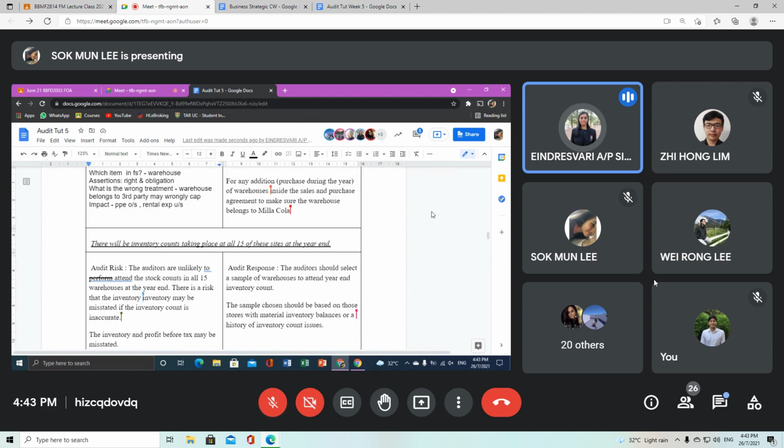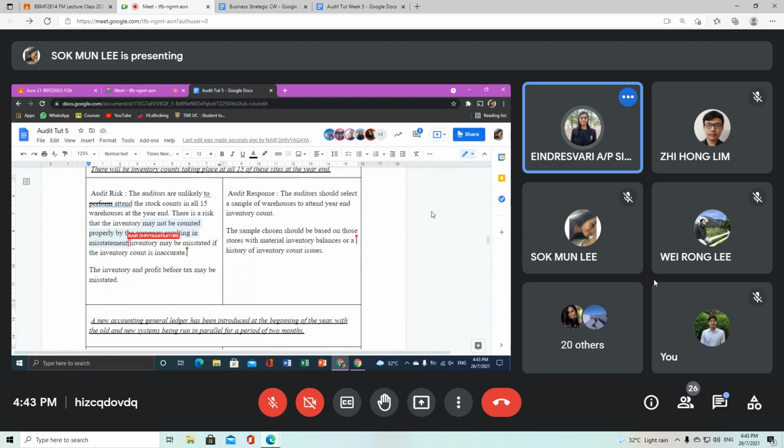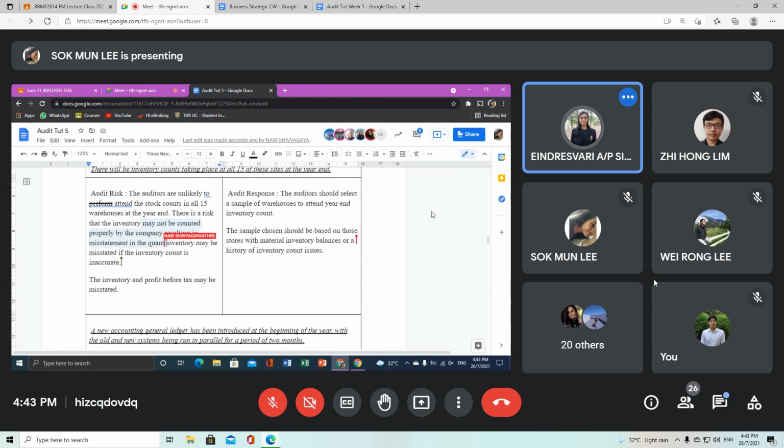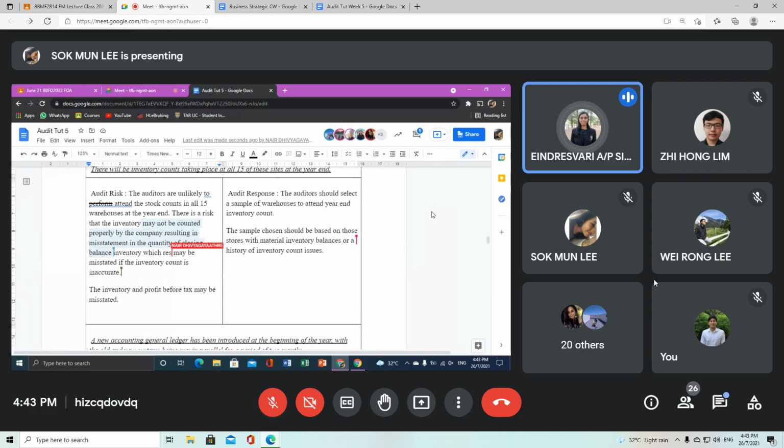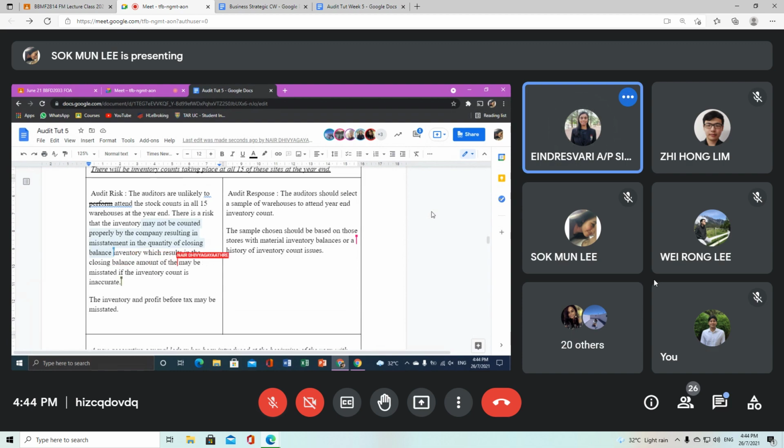There is risk that the inventory may not be counted properly by the company, resulting in misstatement in the quantity of closing balance inventory, which results in the closing balance amount in the SOFP and TB also being misstated.